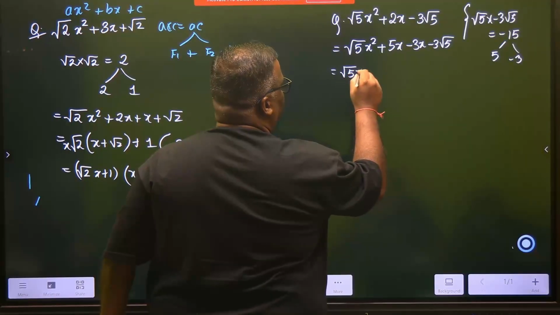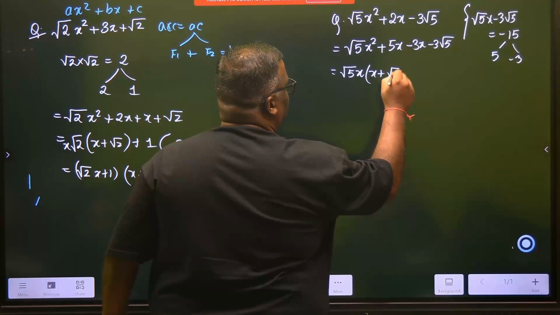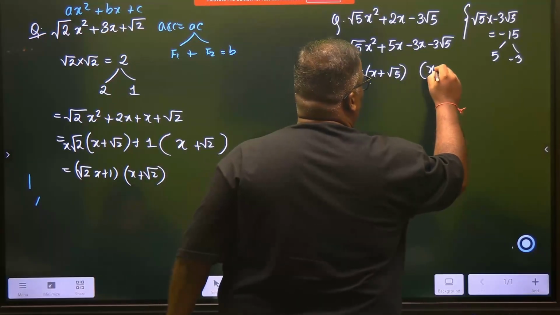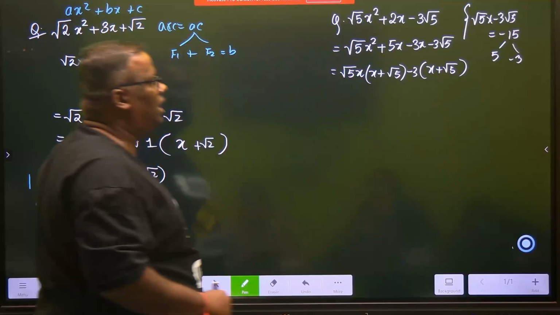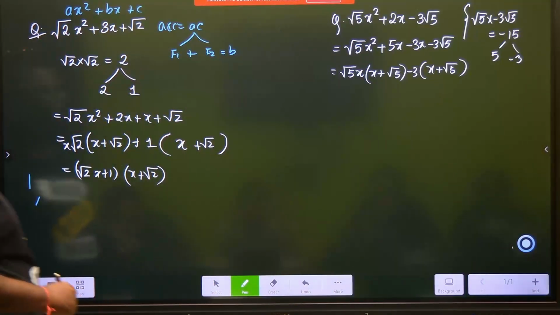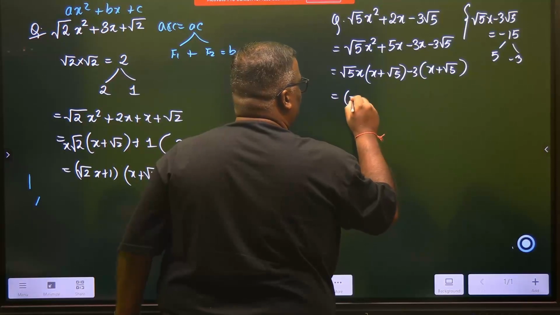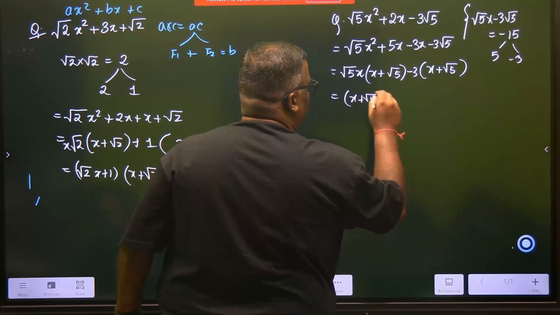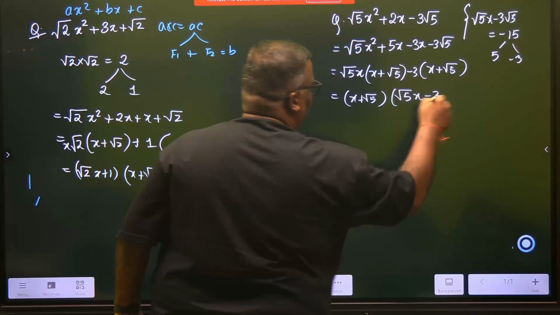You are left with x plus how much? Root 5. And here I have to get x plus root 5. No other options. So I'll take a negative 3 common. Now this is dog. This is also dog. So take dog as common. So you're left with cat minus monkey. That's your answer.